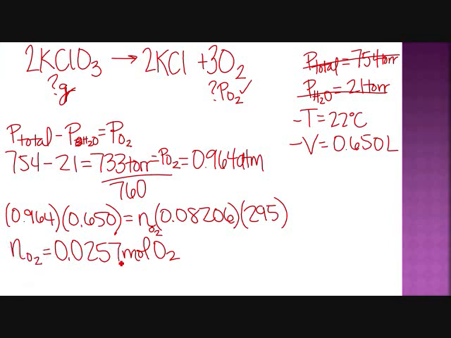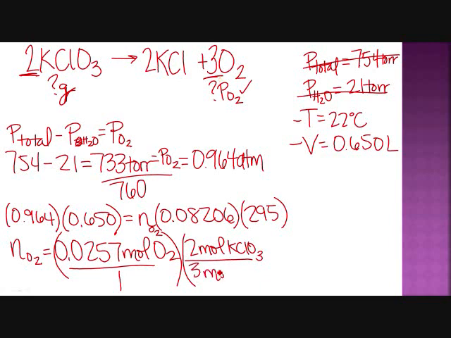Okay. So at this point, we now have moles of O2, and we need to switch it to moles of KClO3. So now we're ready for our mole ratio. Moles wanted over moles have, so it's going to be 2 moles of KClO3 over 3 moles of O2.